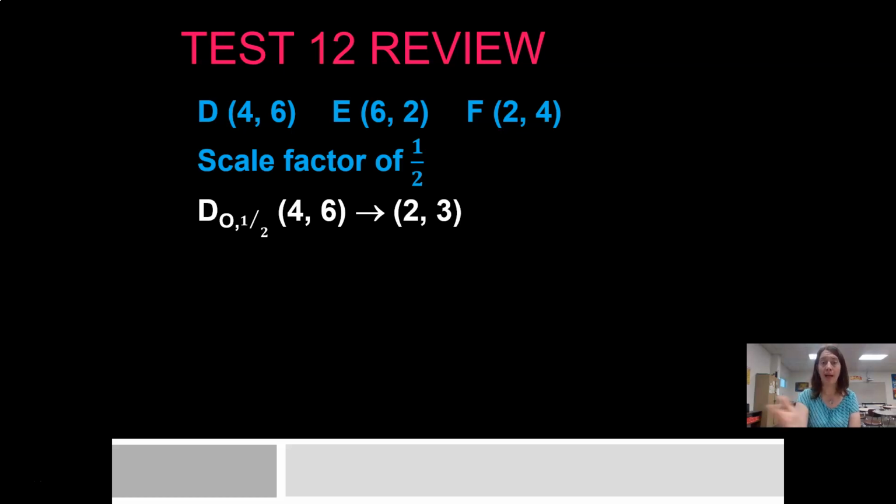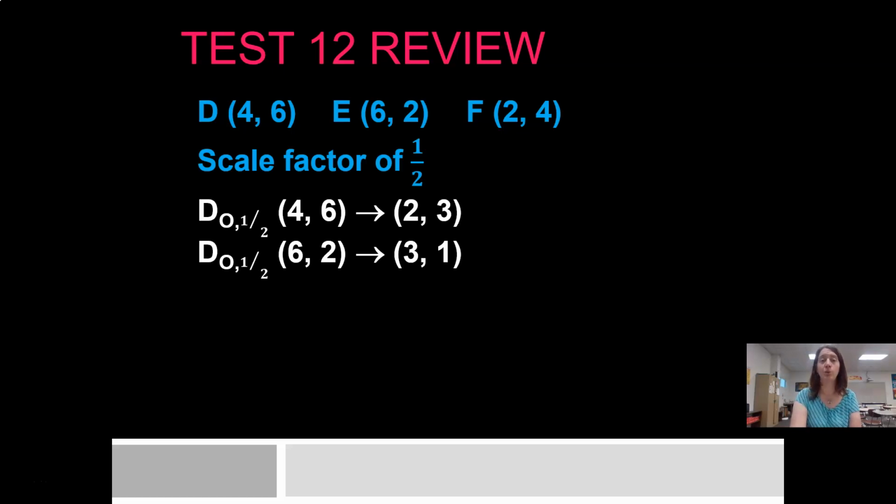The 1/2 applies to each one of the points, so I picked the point 4, 6 to begin with. I took half of each one of those numbers, so half of 4 was 2, and half of 6 gave me 3. I would then proceed to do the exact same thing with the other 2 points. So the dilation centered at the origin with the scale factor of 1/2, our second point was 6, 2.